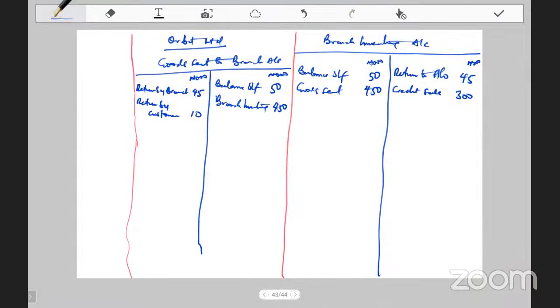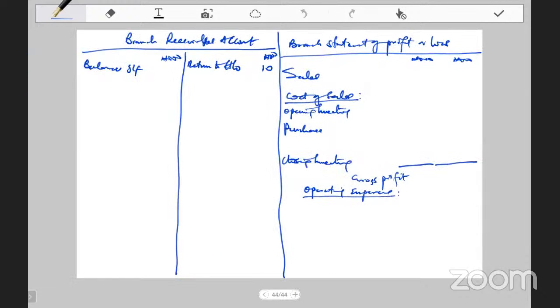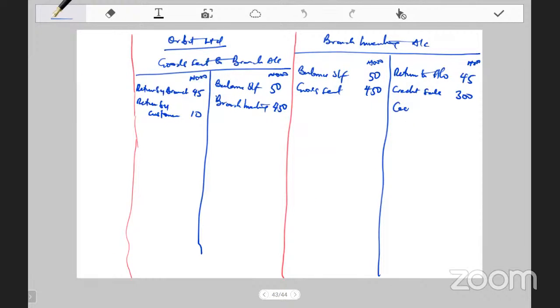So what's my credit sales? I think I stopped at credit sales, and that has been duly recorded. So I bring it here to credit sales, 300. The next item I'm having is cash sales. How much is cash sales, class? 96.